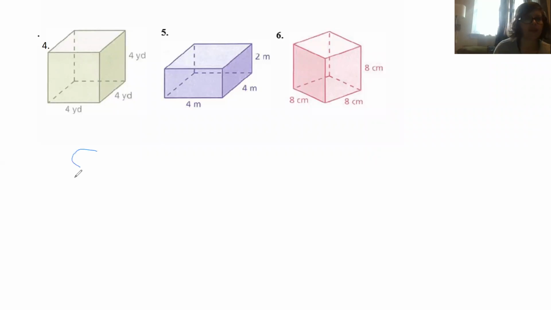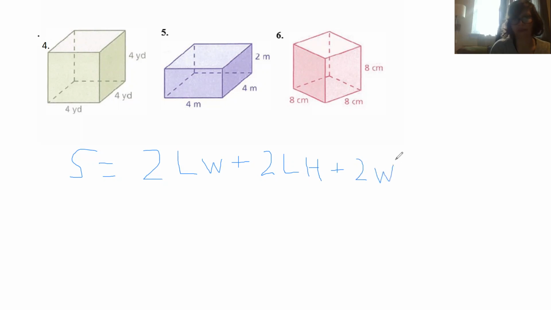So surface area S equals 2 times the length times the width plus 2 times the length times the height plus 2 times the width times the height. Okay, so that would be the formula that you would be using.